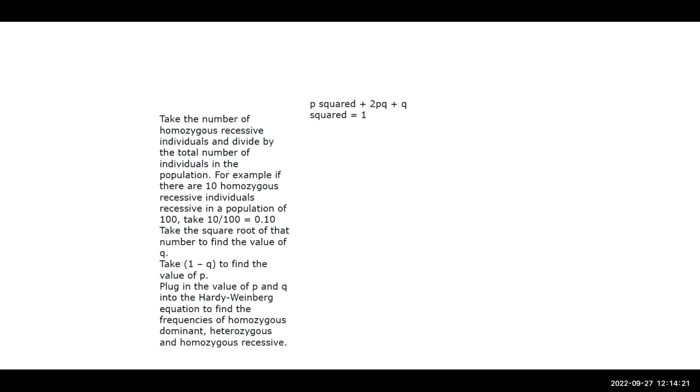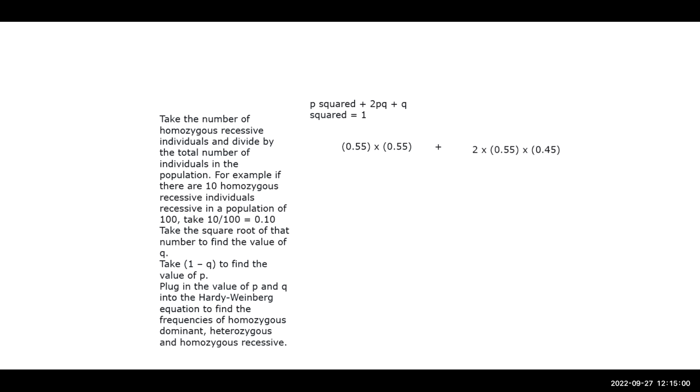And then when I say plug it in, essentially what I mean is anytime we see the variable P, we're going to plug in the value of P. So in this case, it's 0.55. So we're doing the P squared portion right now. So it's 0.55 multiplied by 0.55. And then the middle part of our equation, the 2PQ. So we're going to take 2, multiply it by the value of P, which is 0.55, multiply it by the value of Q, which is 0.45.